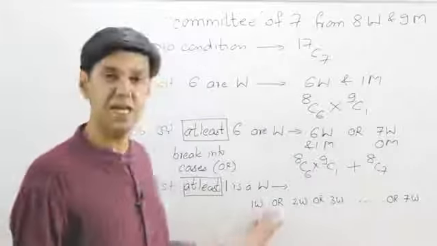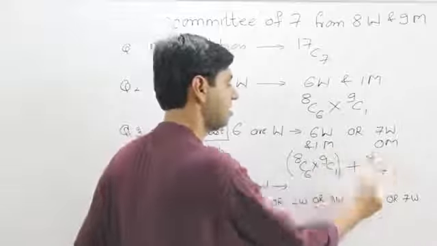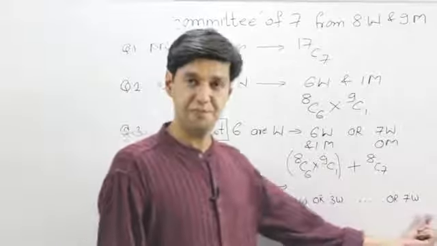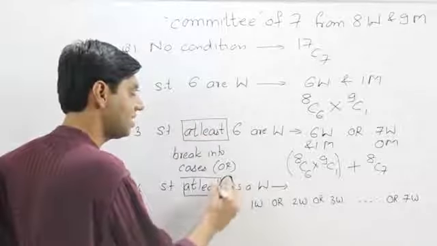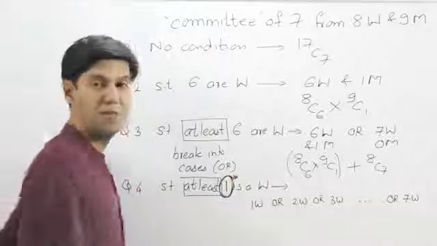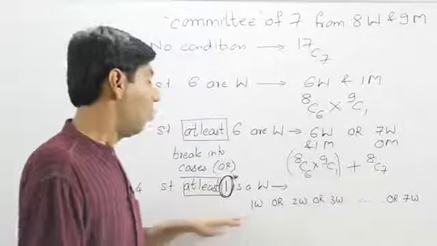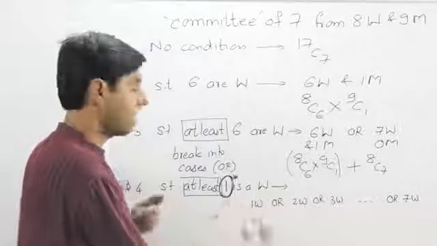Now these are plenty of terms. There are 7 such terms, which is a pretty lengthy one. And that is where you should realize this is at least 1, and this at least 1 makes a job very easy. How does it make us a job easy? What is the only case, the complement of this, that is not acceptable?